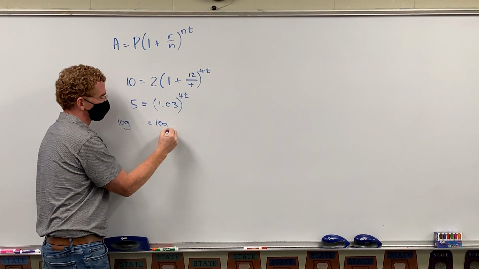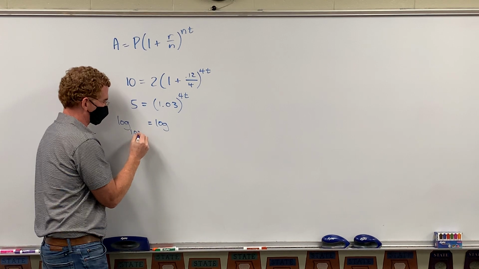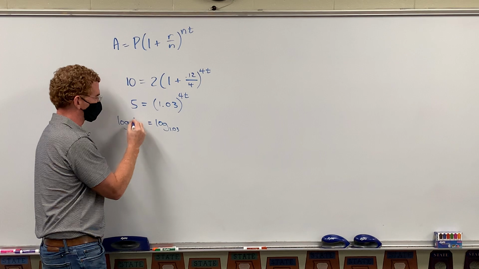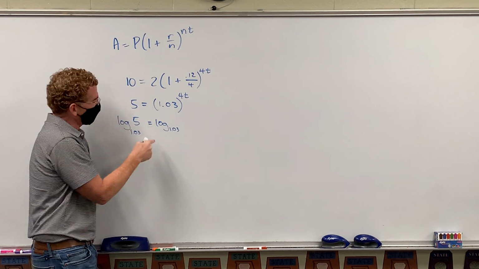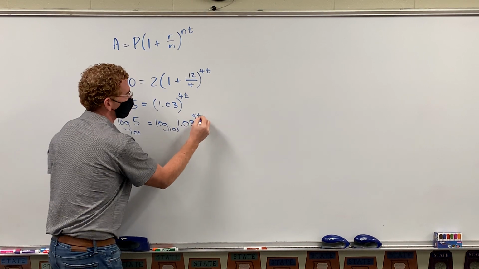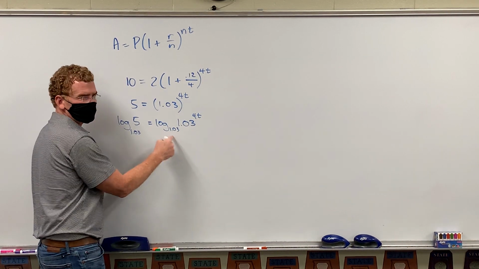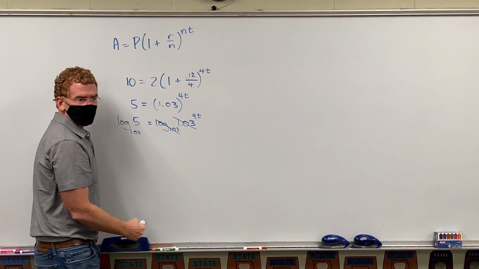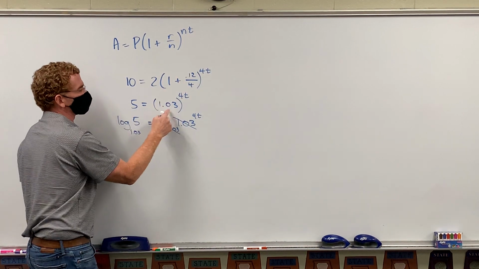It's been a while. A 1.03. So I'm going to log that 5, which who knows what that number is. And then I'm going to log that, which is what we're going to talk about today. And then what does this rule tell me? That cancels. So if my variable's up here, I'm going to have to log both sides at some point.